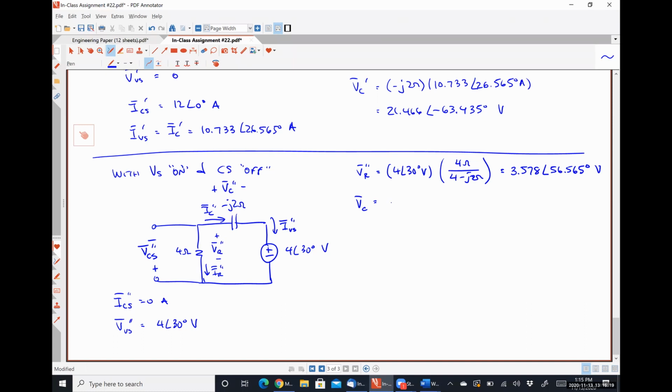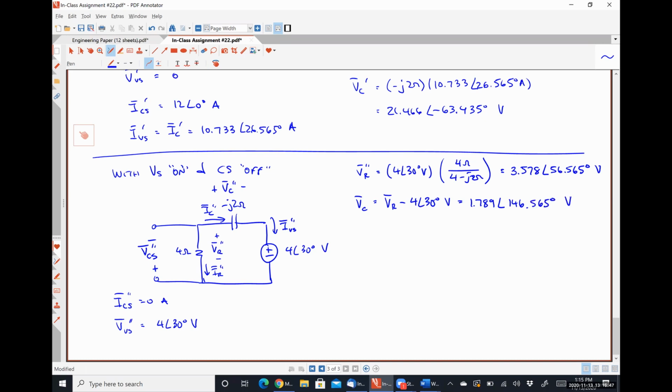So VC is going to be VR minus 4 angle 30 degrees volts, which gives .789 with an angle of 146.565.